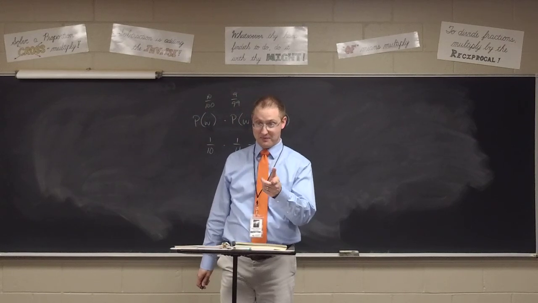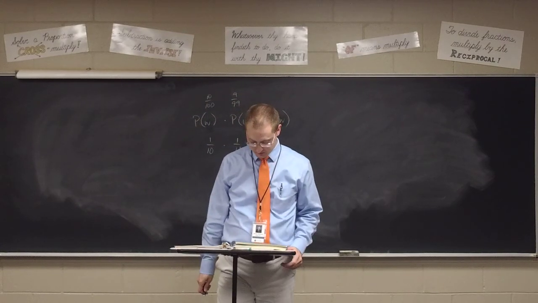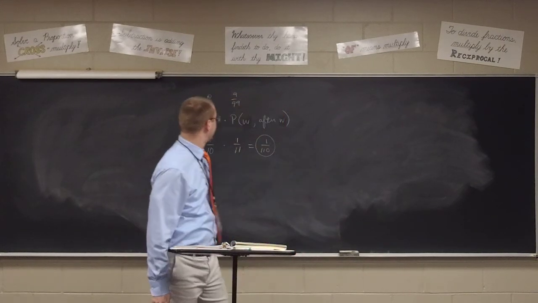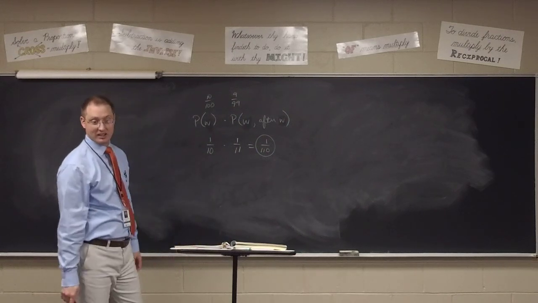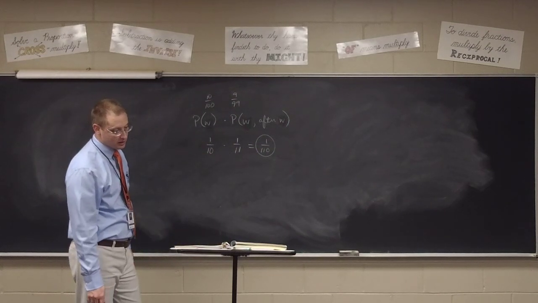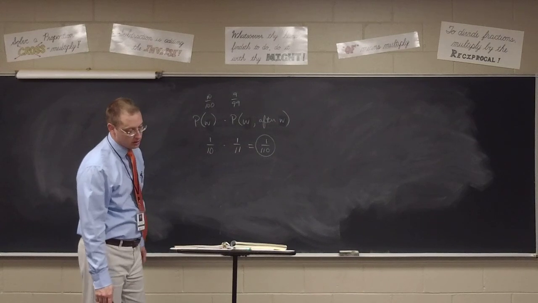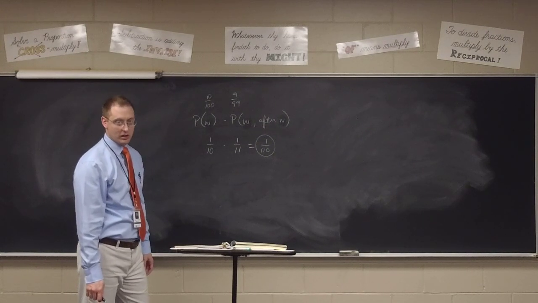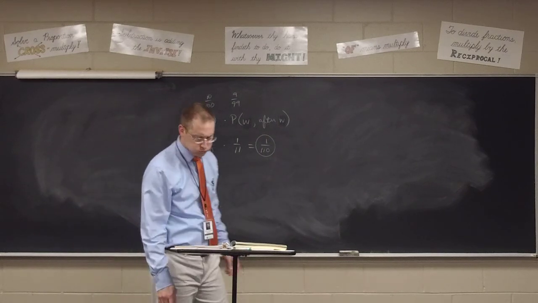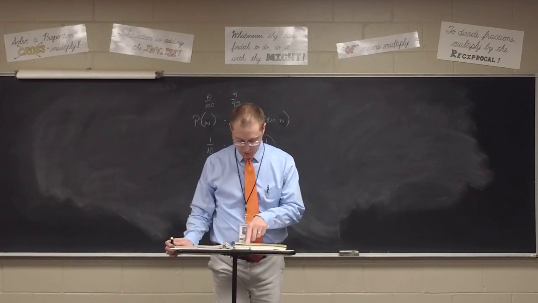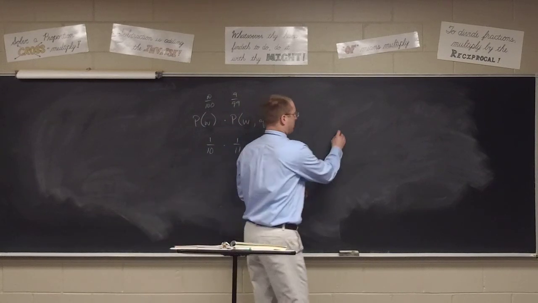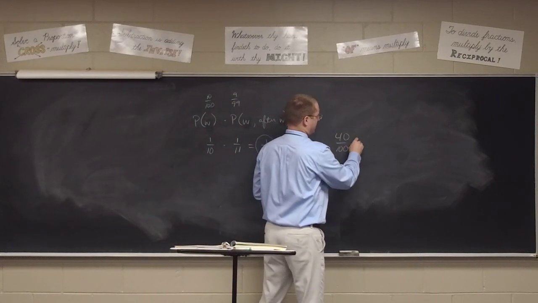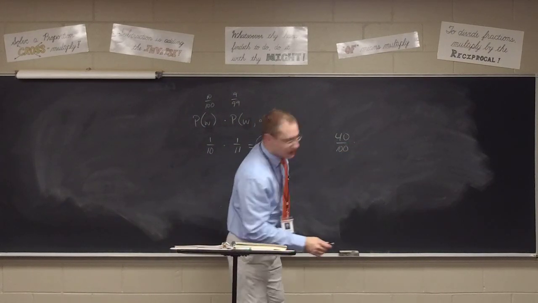Can we get that? Yes. But on the last one, I wrote 40 to 100, and then I reduced to 2 to 5, and then I put 1 to 4. You're talking about the 2 cherry ones. Yeah. Okay, so let's go back real quick. We had 40 to 100, and we had 39 to 99, right?